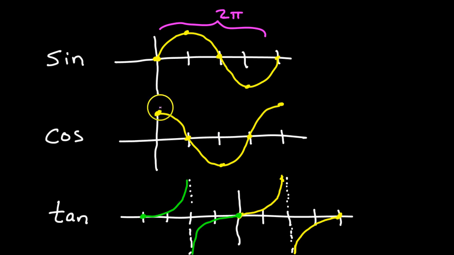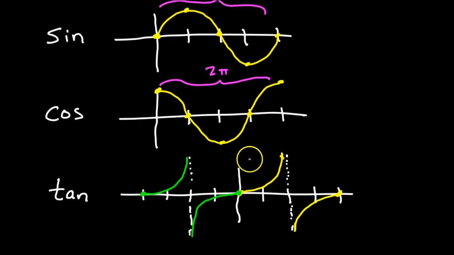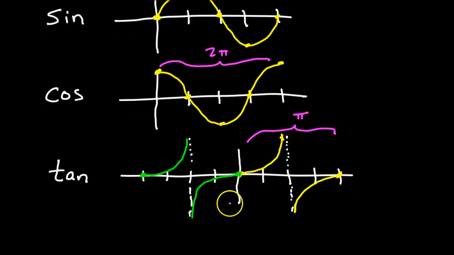When we draw one period of the cosine function, we are drawing 2 pi, unless there's some sort of a change in the equation. But one period of the tangent function is only half that. One period of the tangent function is only pi. So in order to get 2 pi worth of the tangent function, you have to draw two periods of it. So that's why we do that.